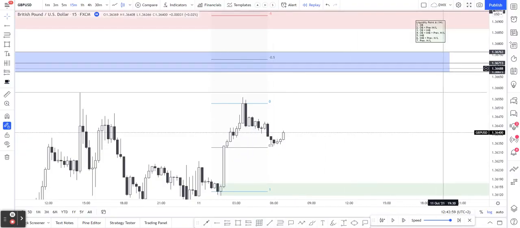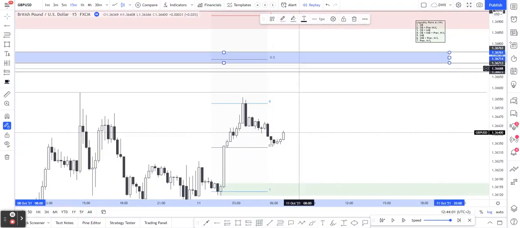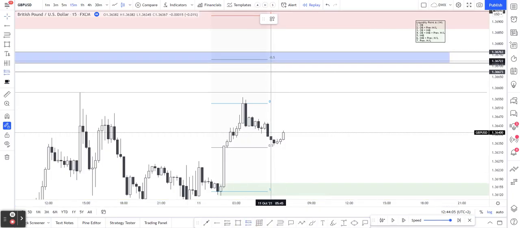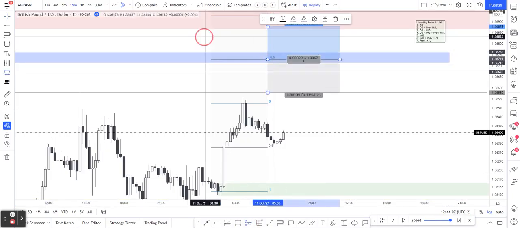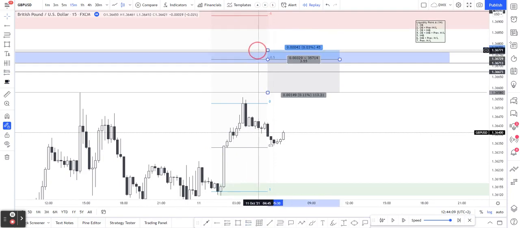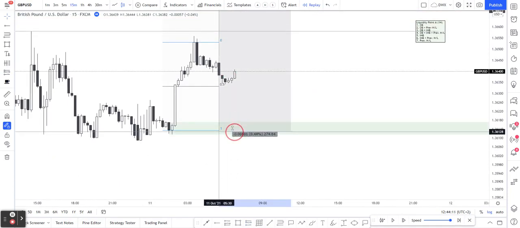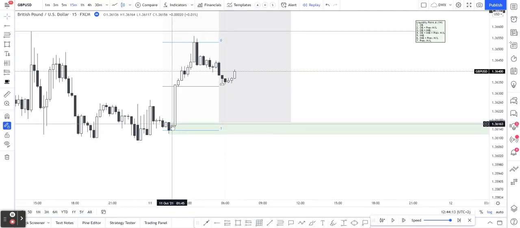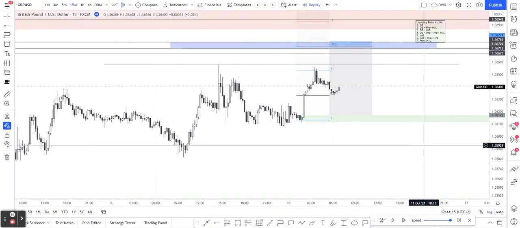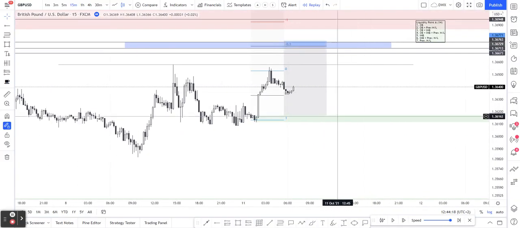So we'll be filling the imbalance, and we'll be tapping into that area. So potentially we'll be looking for sells from this area with a stop loss above, and then targeting the lows where we have the order block down here below. So that would be the trade setup.